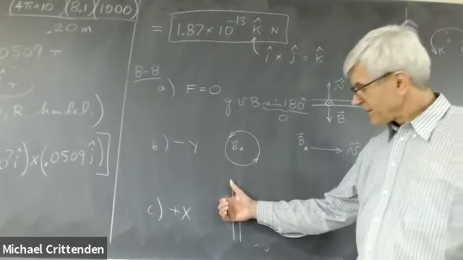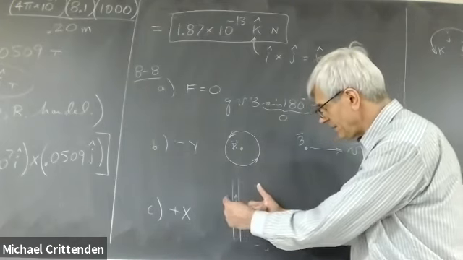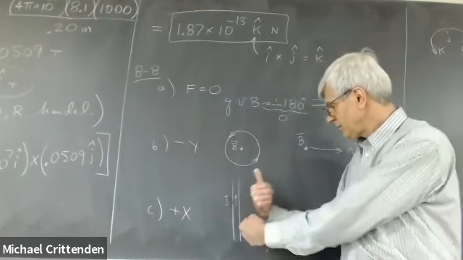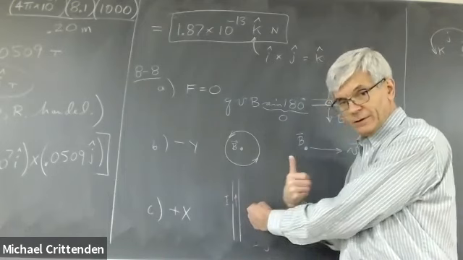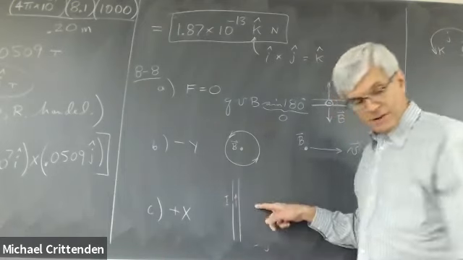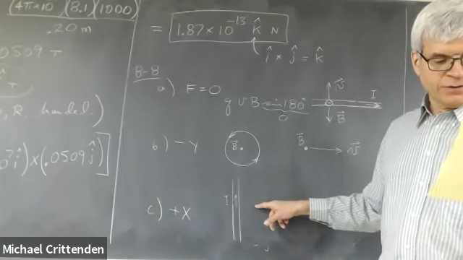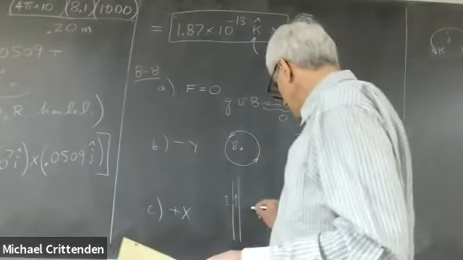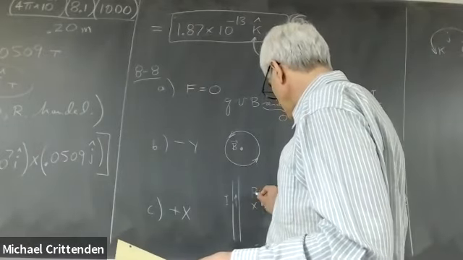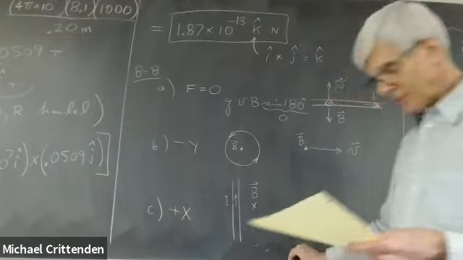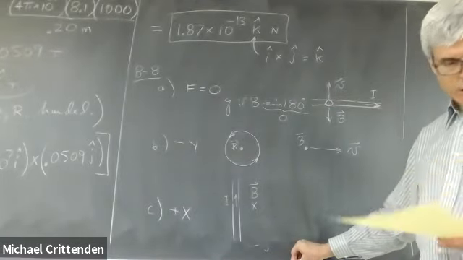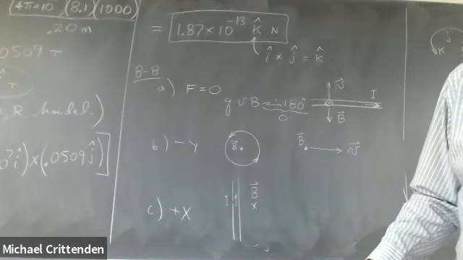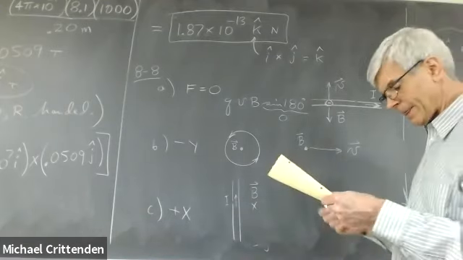So that would be out of the blackboard on this side, it arches over the wire and goes back into the blackboard over here. Well, over here is where our charge is. That's what we care about, is what's the direction of the field there. And the direction of the field there is through the page away from you. So then we've got a charged particle headed in the positive y direction.